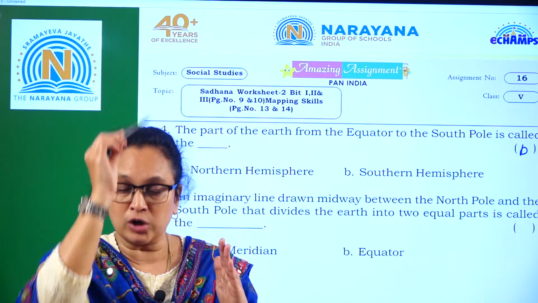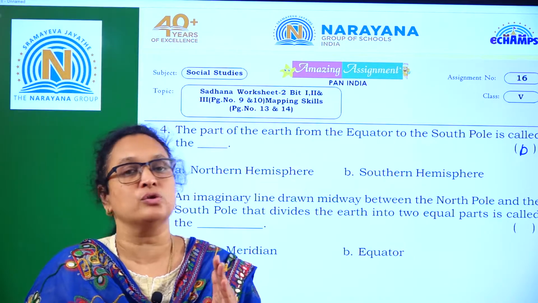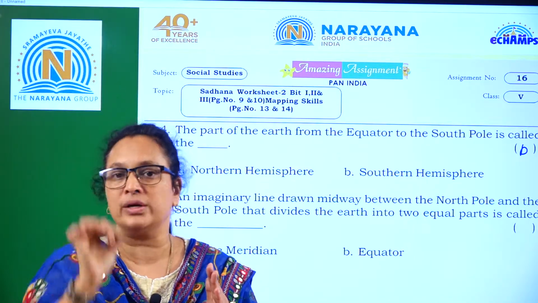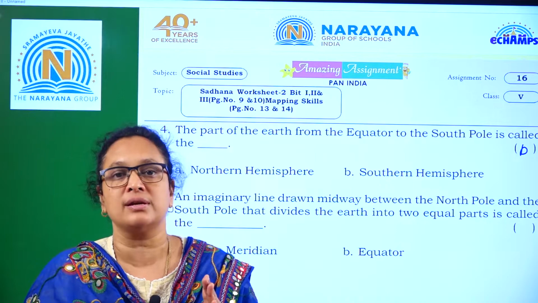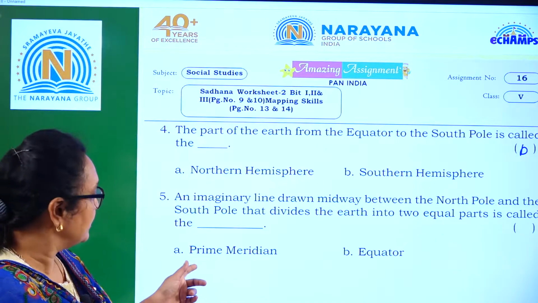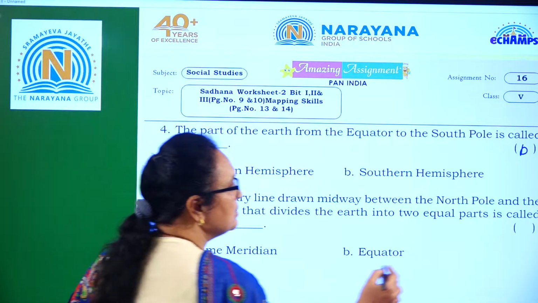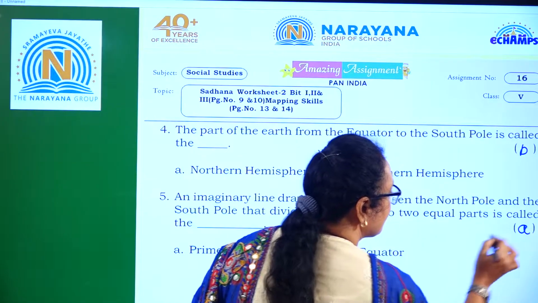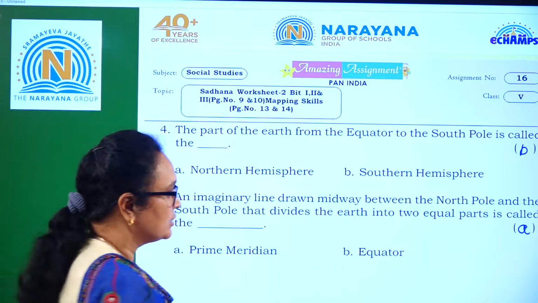When we talk about north pole to south pole, it is longitude, right? It is longitude or a vertical line. So what is that imaginary line? That is the prime meridian. A is the answer. Is it clear children? Let us go for the next slide.